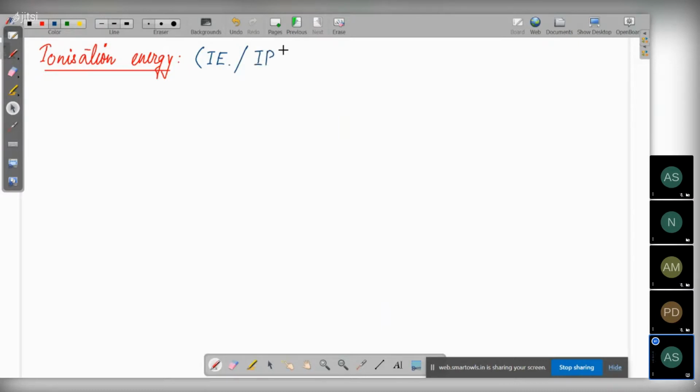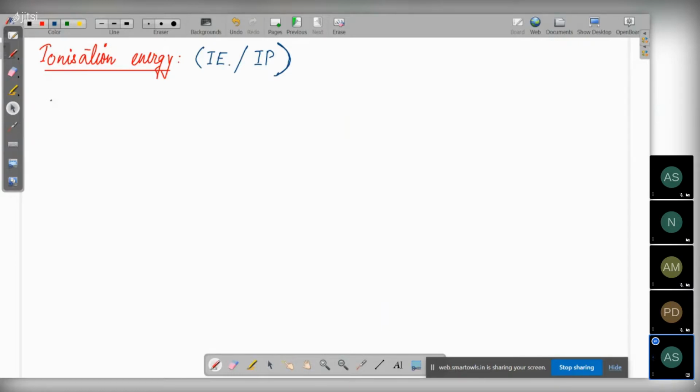IP means ionization potential. Same thing, same meaning. Ionization energy in short form is written as IE, whereas ionization potential in short form is written as IP.